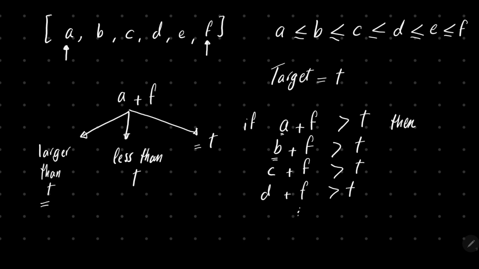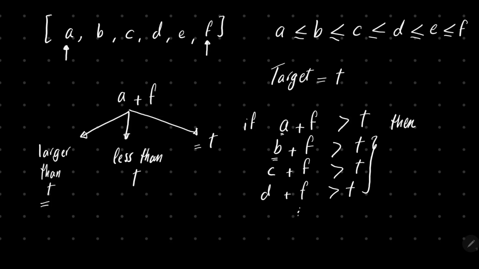So if A plus F is bigger than T, then I should not try anything after A with F anymore. That will save me lots of computations.